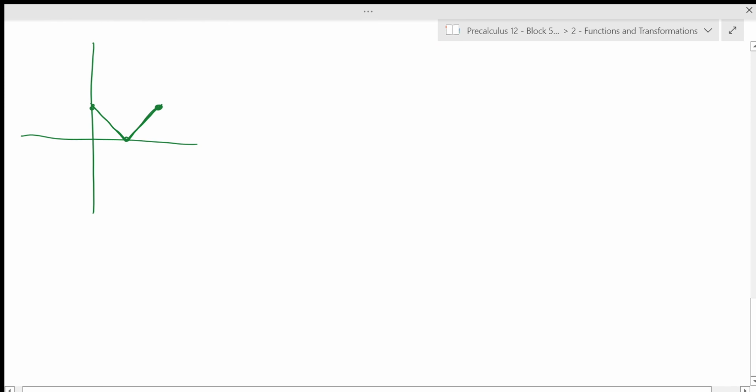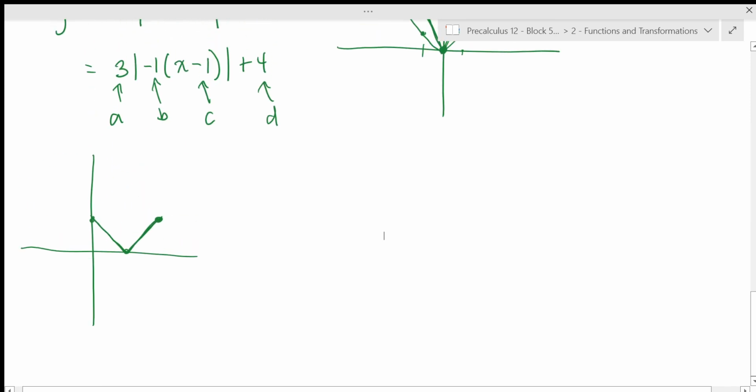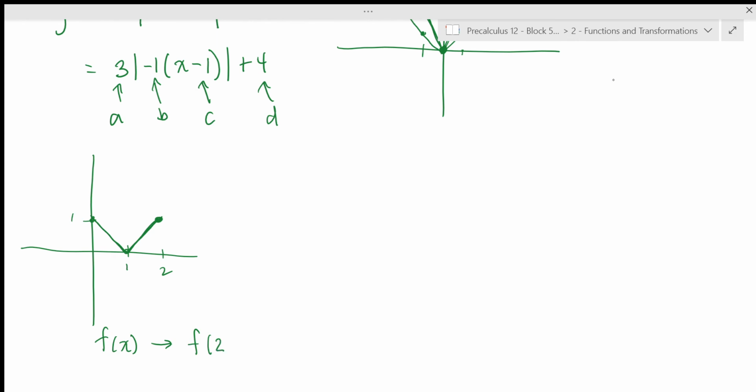Let's say we wanted to map this to, so if this is f of x, let's make this a 1. This is a 1, this is 2. Okay, we want to map f of x to f of 2x plus 2, minus 1.